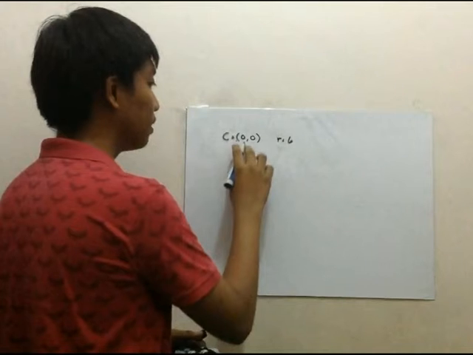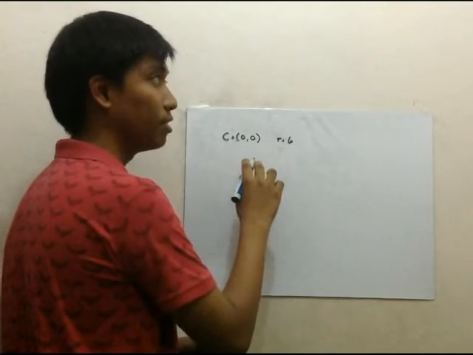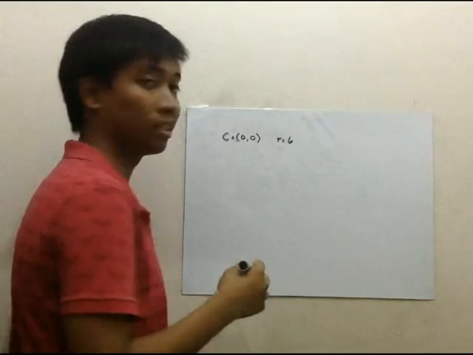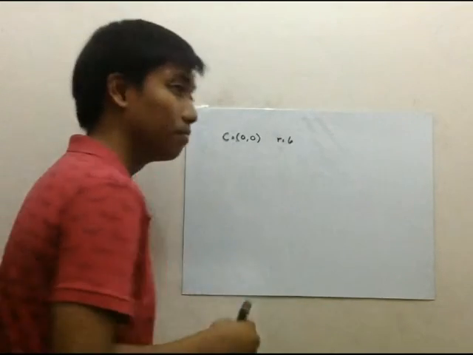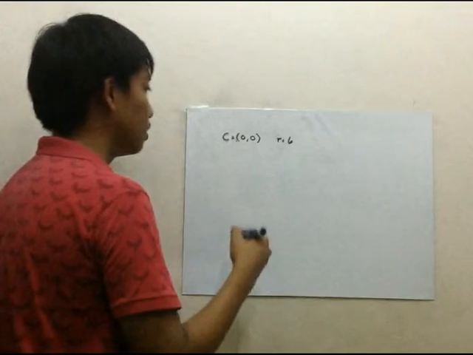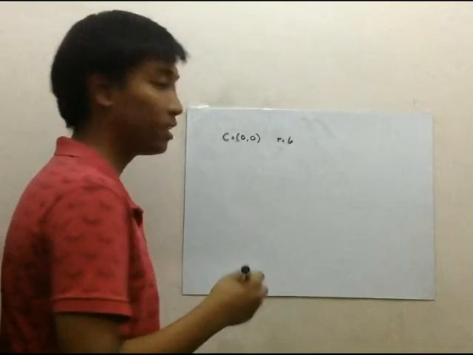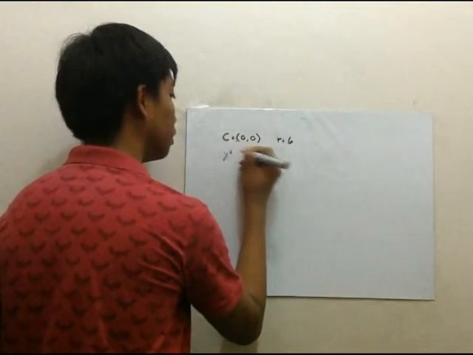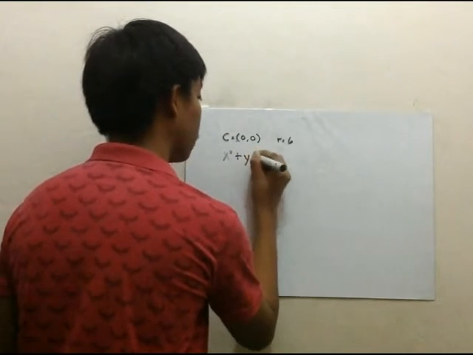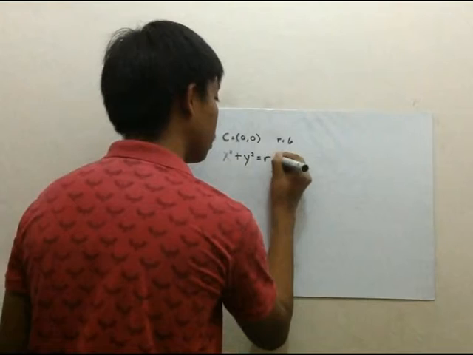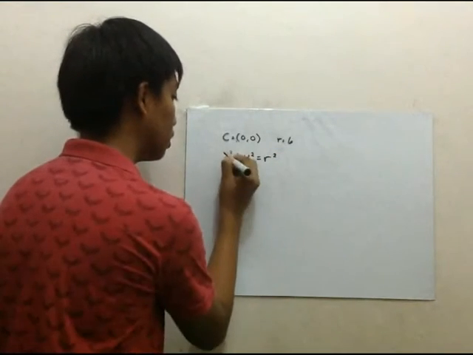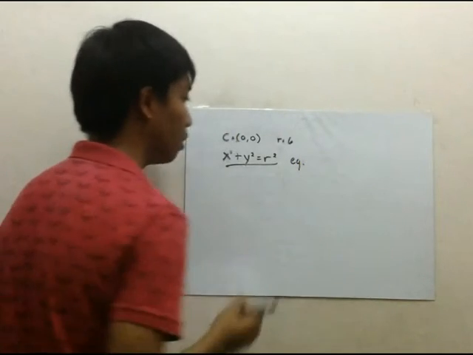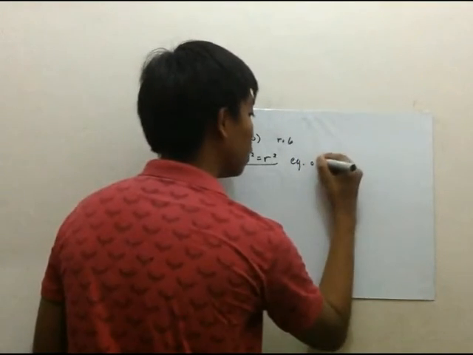Let the coordinates be the center of the circle, and the equation of the circle is in the form of x squared plus y squared is equals to r squared. This is the equation of the circle.